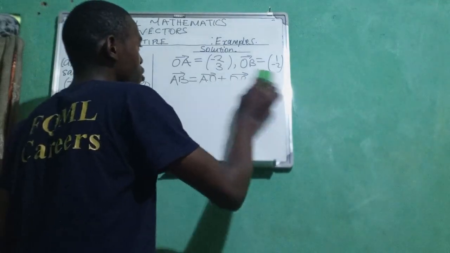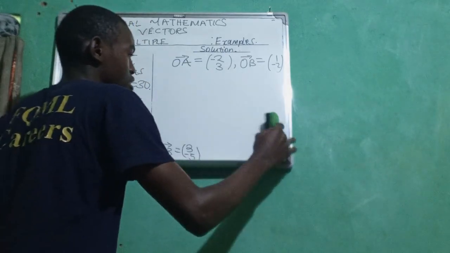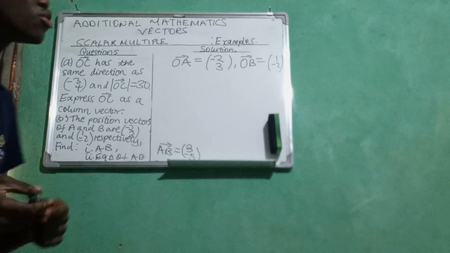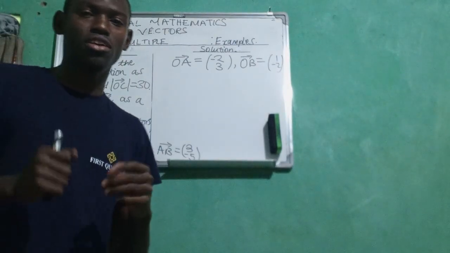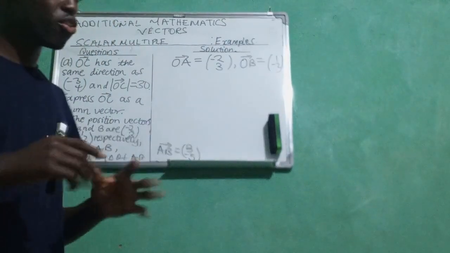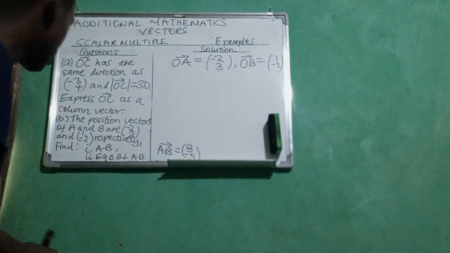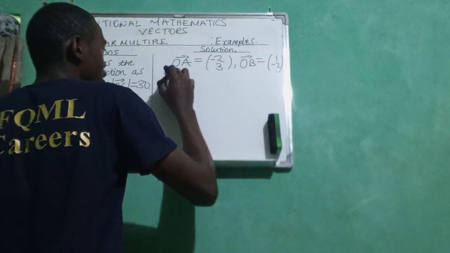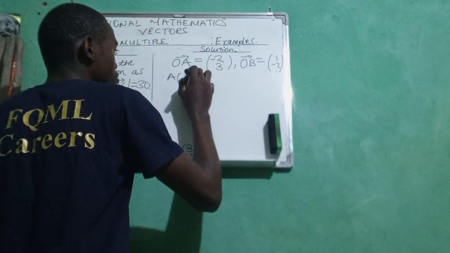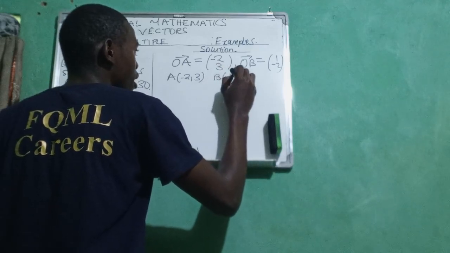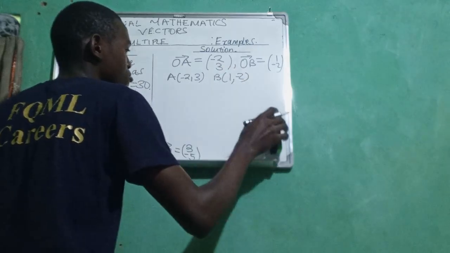Then the next one is to find the equation of AB. To find the equation of AB, they're simply telling you to use your normal coordinate geometry, your normal algebra, the one that you have already learned. So A is (-2, 3), B is (1, -2).